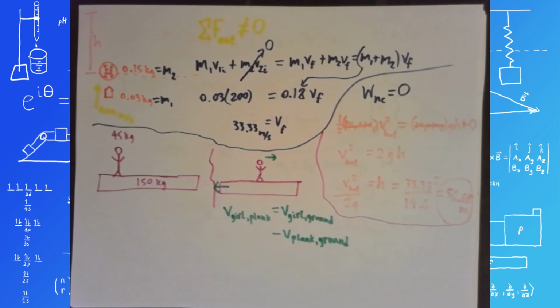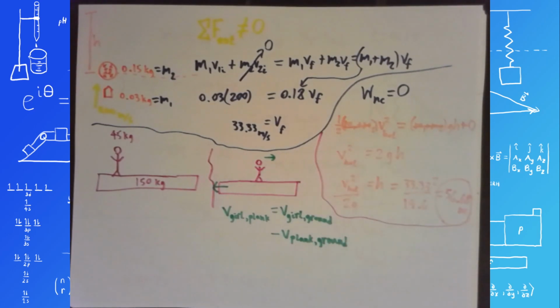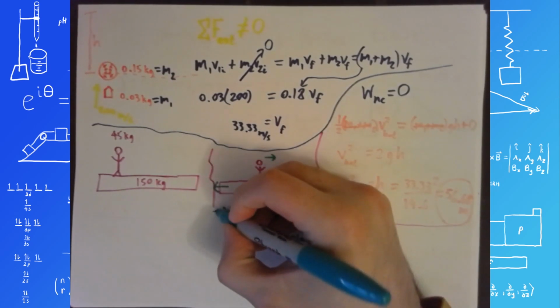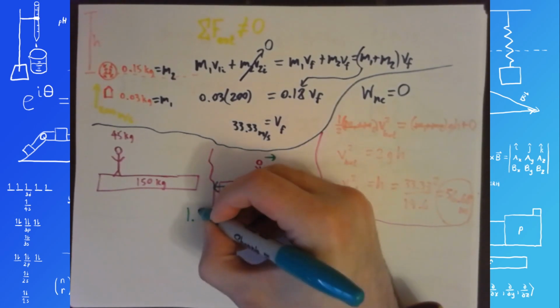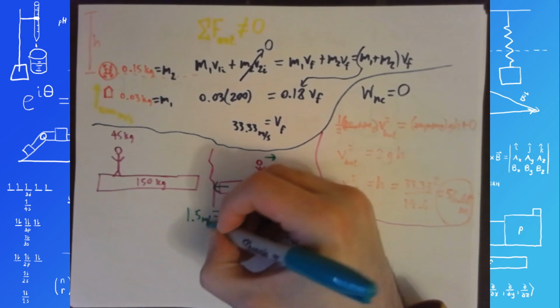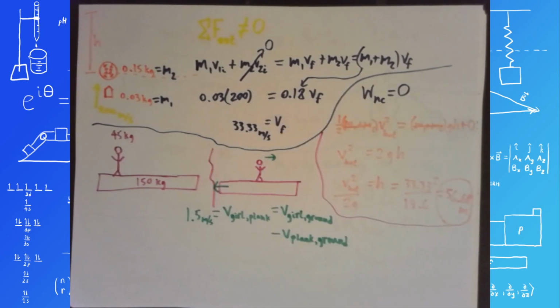So, it says, what is her velocity relative to the surface of the ice? And what is the velocity of the plank relative to the surface of the ice? Well, we already know that the difference between the two is 1.5 meters per second. And we can apply conservation of momentum to help fill in the gaps. So let's see what we can do here.